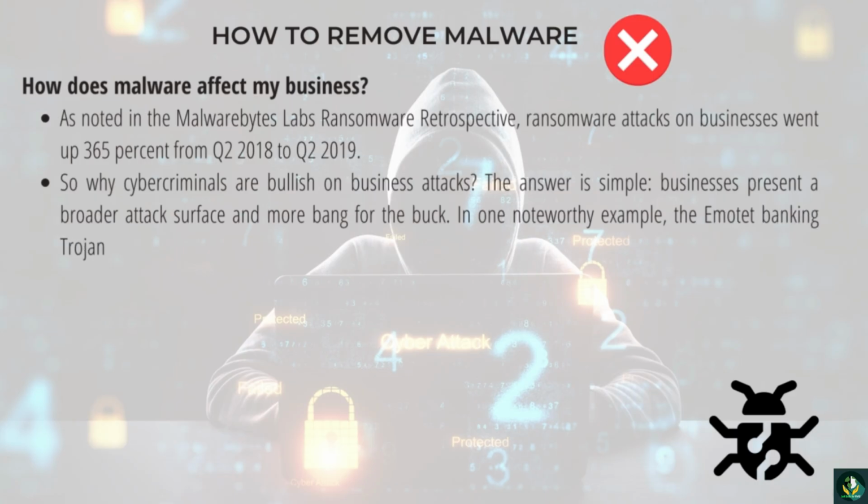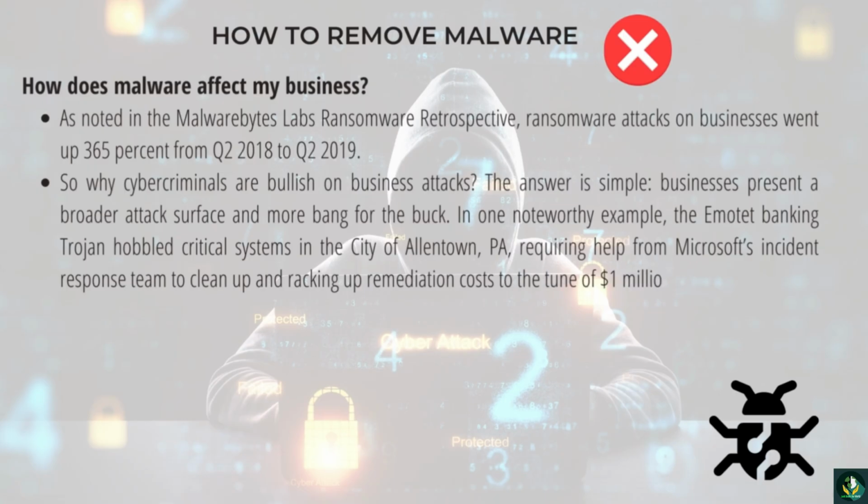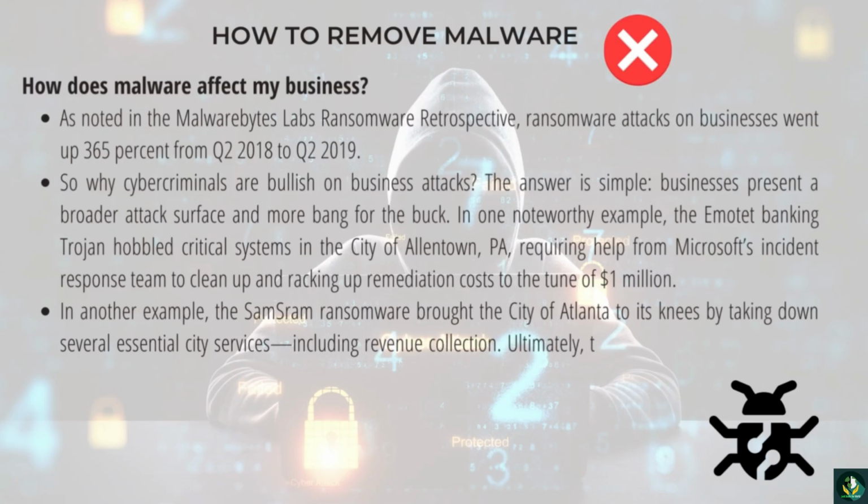In one noteworthy example, the Emotet banking Trojan hobbled critical systems for the city of Allentown, Pennsylvania, requiring help from Microsoft's incident response team to clean up and racking up remediation costs to the tune of $1 million. In another example, the SamSam ransomware brought the city of Atlanta to its knees by taking down several essential city services, including revenue collection.